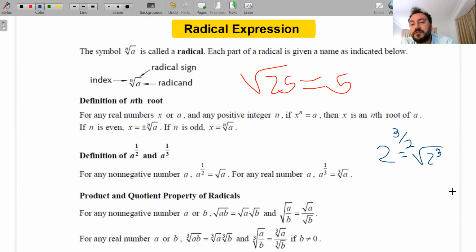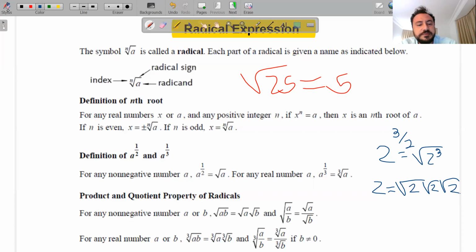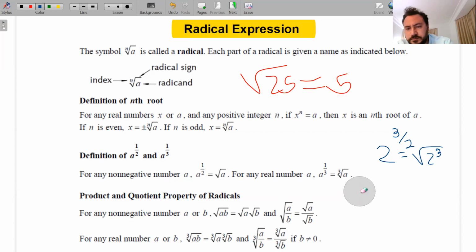For example, before we wrote 2 to the power of 3 over 2, which we can rewrite as the square root of 2 to the power of 3. Let me do a step earlier. This one can be rewritten as the square root of 2, then multiplied by 2, then multiplied by 2.